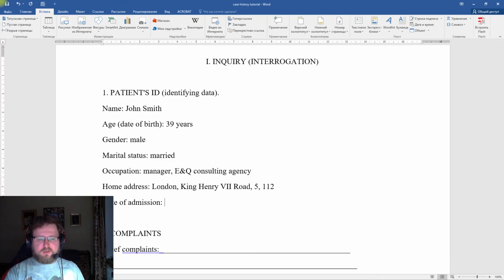That's also a very important field, because from the date of his admission, the calculation of the medical help will count on. For example, if we're talking about acute surgical pathology like acute appendicitis, it will mean that surgery within 24 hours from initial diagnosis will count from the exact date and time when this patient was admitted.